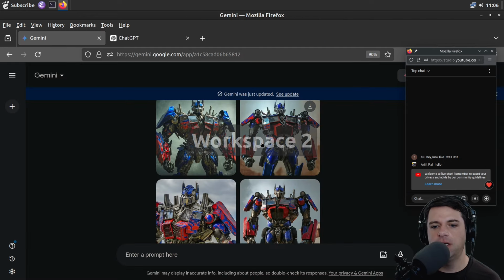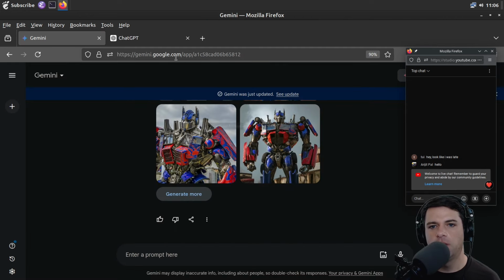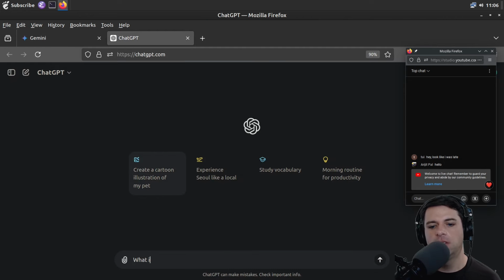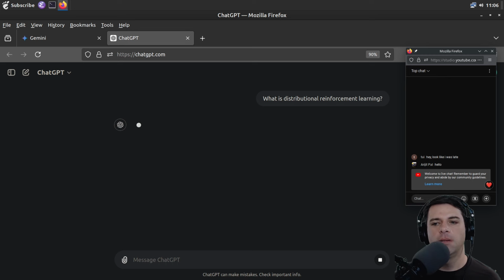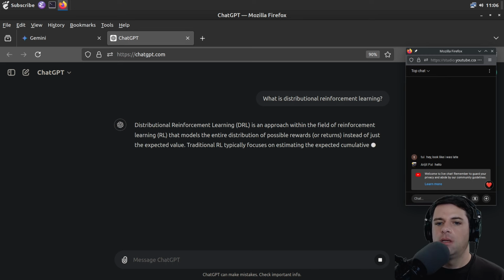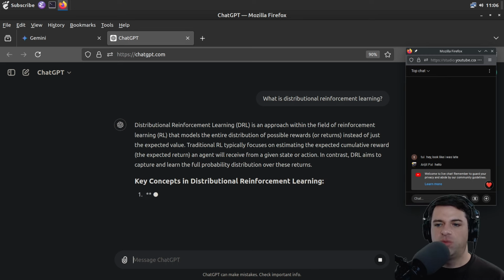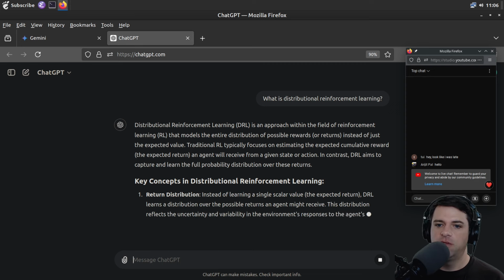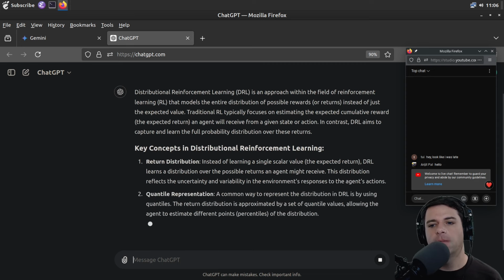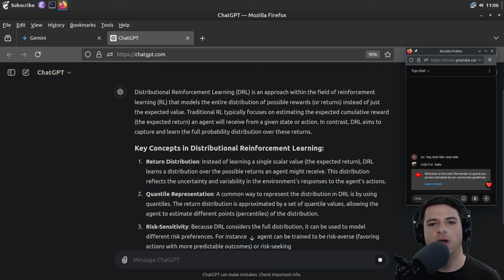All right, let me just ask the AIs. What is distributional reinforcement learning? That models the entire distribution of possible rewards or returns instead of just the expected value. Okay, that's one sentence. Why did that book decide not to tell me that?